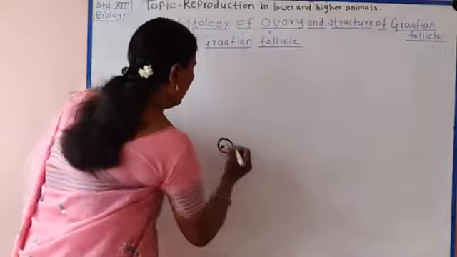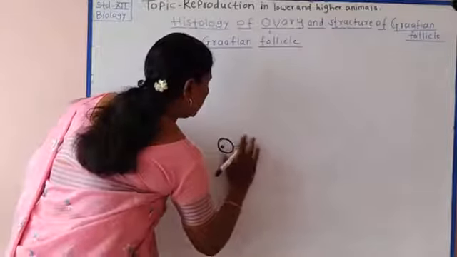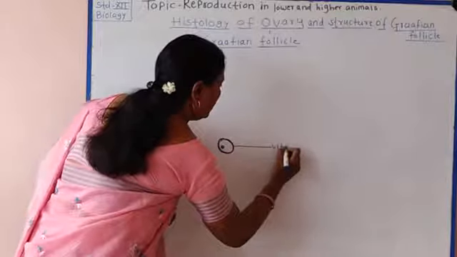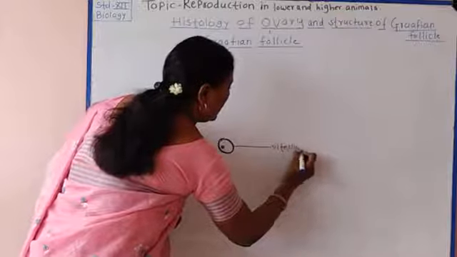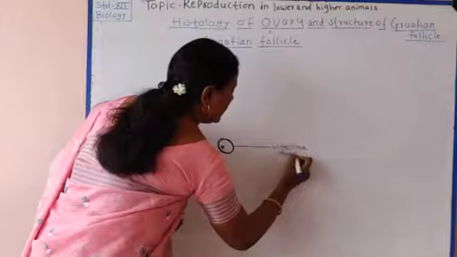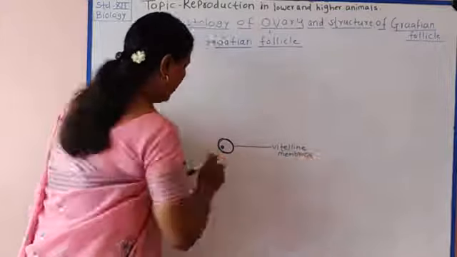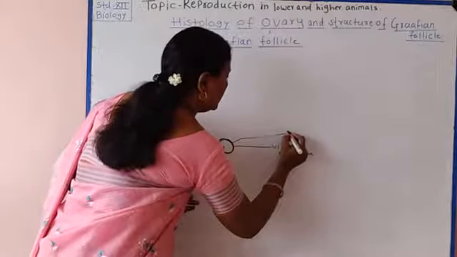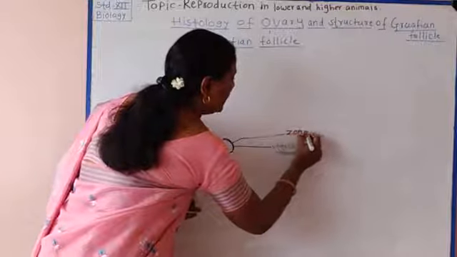This is the vitelline membrane, and outer to the vitelline membrane there is a layer called the zona pellucida.